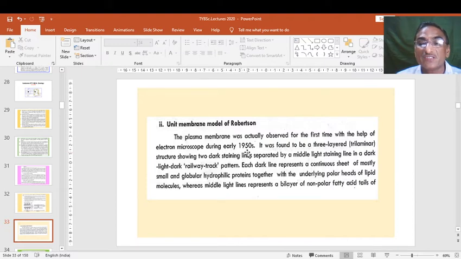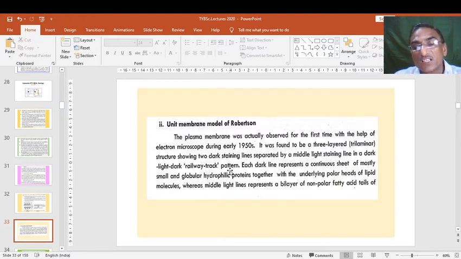It was found to be a three-layered, we can say trilaminar, structure showing two dark staining lines separated by a middle light staining line in a railway track pattern.